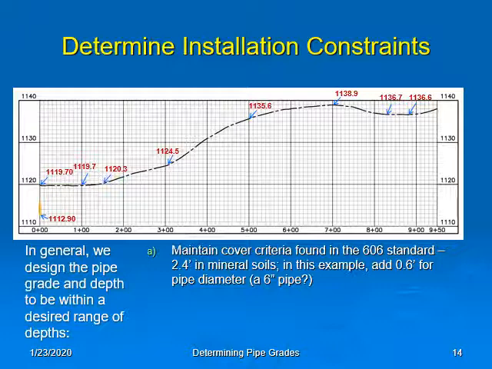With the important ground surface elevations noted, we'll need to determine the pipe depth. As mentioned before, this will be constrained by both the minimum and maximum depth criteria specified in the 606 and/or 620 standards, or specified by the pipe manufacturer.